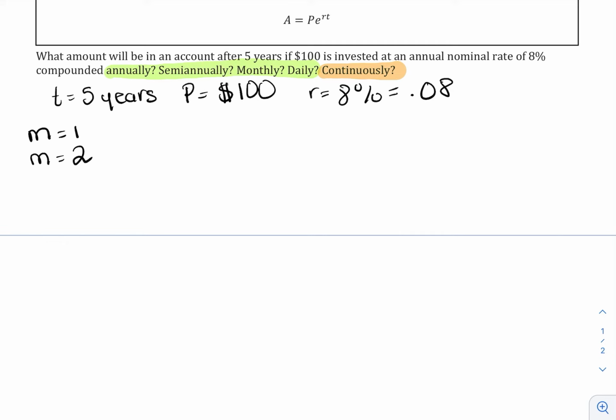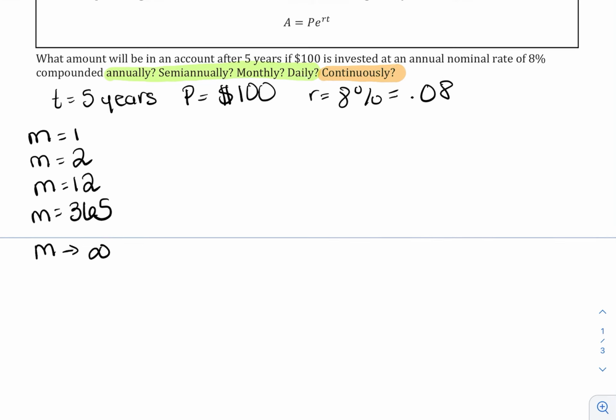Monthly, well, there are 12 months in a year, so if you do it monthly, it will be 12. 12 is probably the one that you're most commonly used to. For example, a credit card compounds your interest monthly, once per month. Daily, well, how many days are there in a year? 365. And continuously means that M is going to infinity, and we're going to use the other formula.